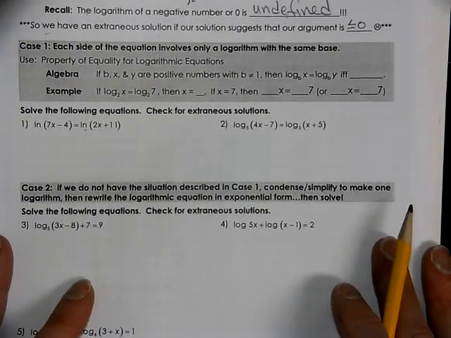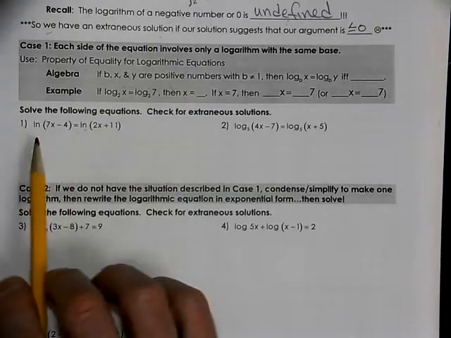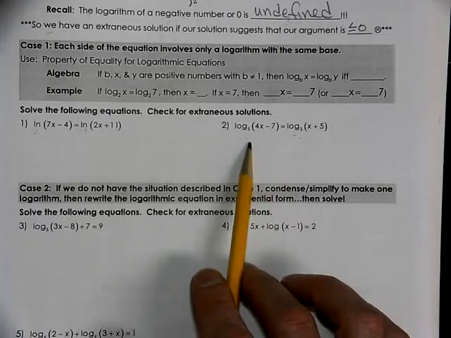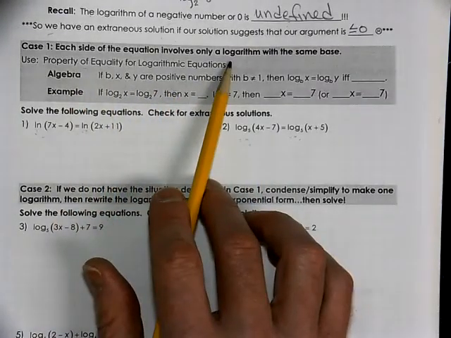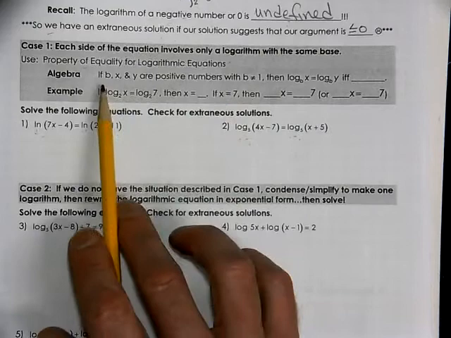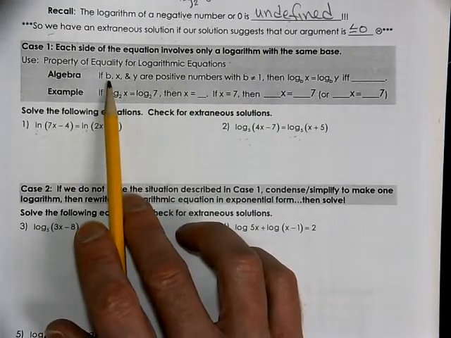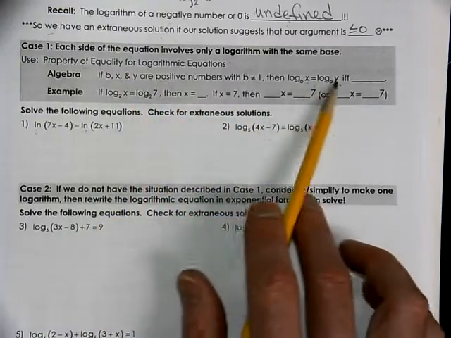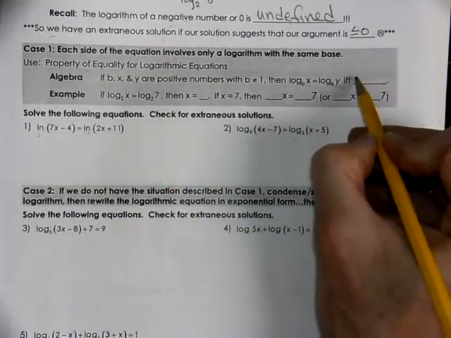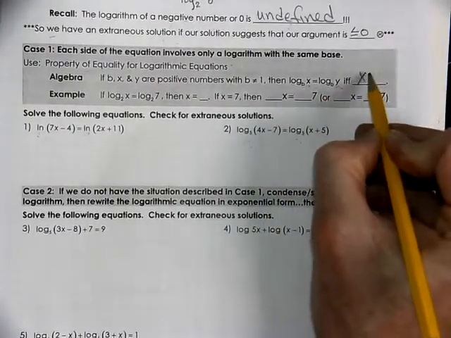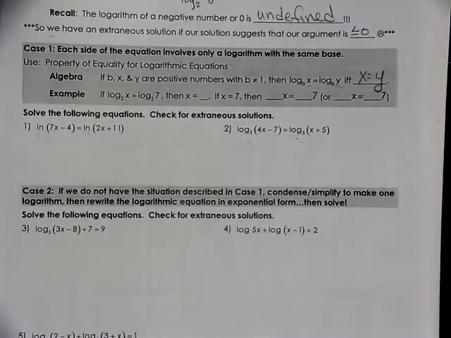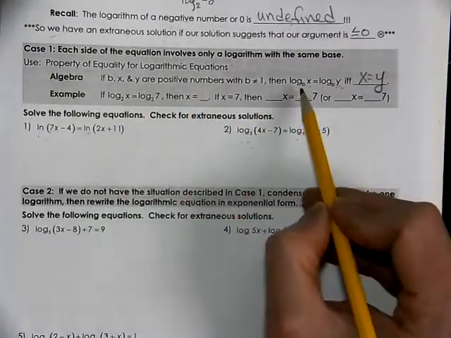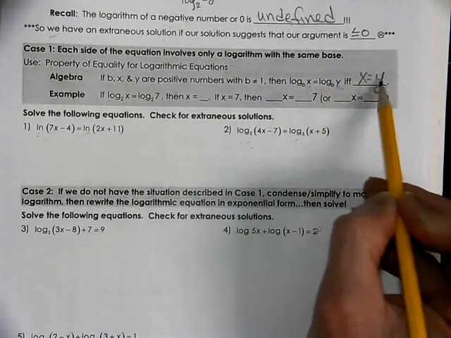We have two different types of equations that can be involved here. If you have two logarithms that equal each other with the same base, that's the type that we're doing now. If the base is the same, then your x is going to equal the y, if they're all positive numbers.